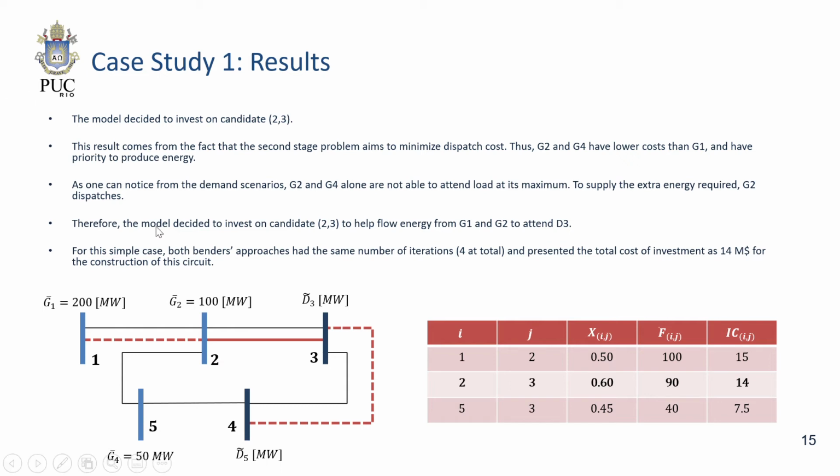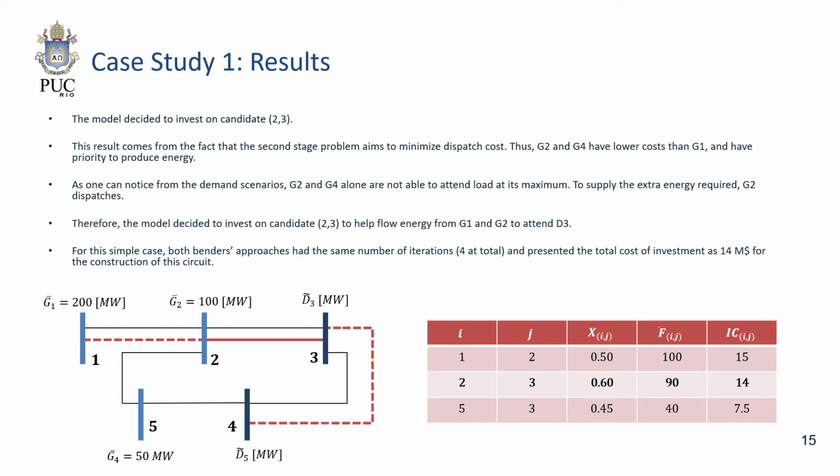So basically it comes from the second stage, which aims to minimize the dispatch costs. If you take a look at the demand, we have these great values of demand, and those values of demand force the dispatch of generator 1. Why am I saying that?